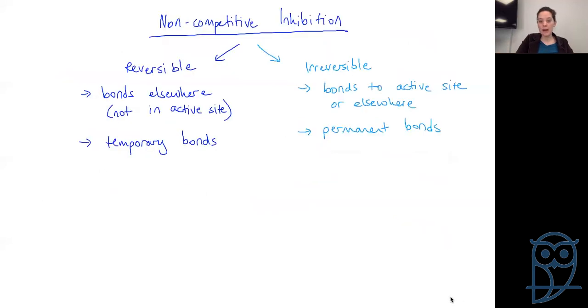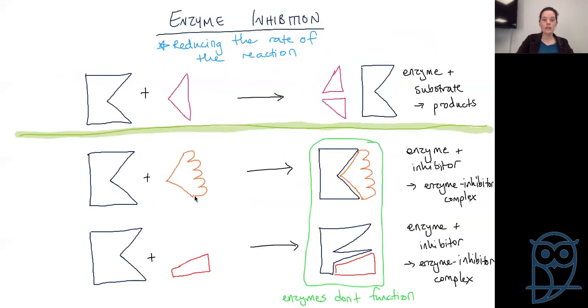So if we take it back here, we can now say this one is giving us a bit of an example of, let's find a color we haven't used. This is turning into a rainbow, this page. Okay, we'll go for the pale blue again, rather. So this one could be competitive, or it could be non-competitive, depending on the permanence of these bonds.